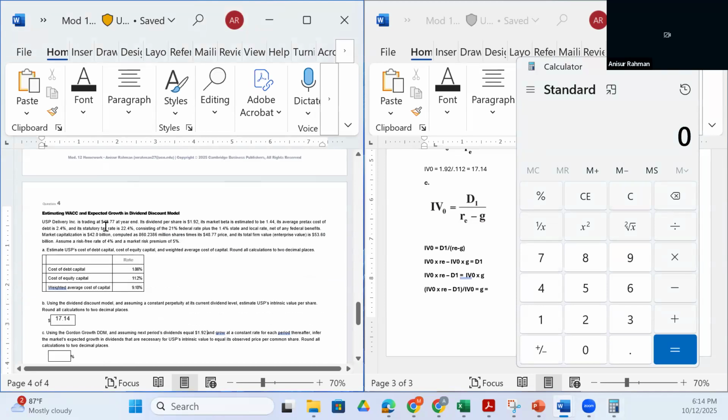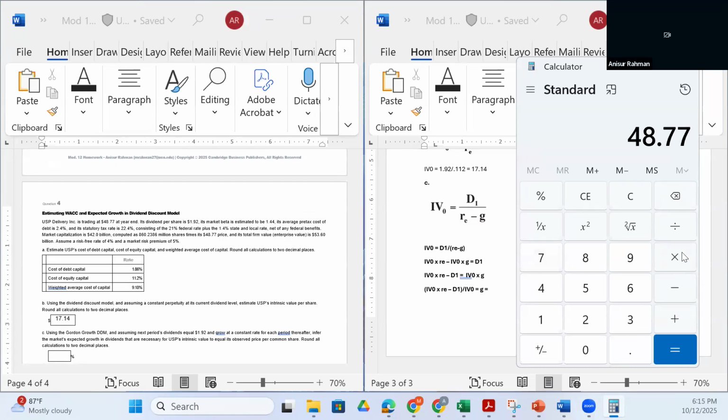So market price is 48.77. So 48.77 times cost of equity minus D1 divided by market price, which is 7.26%.